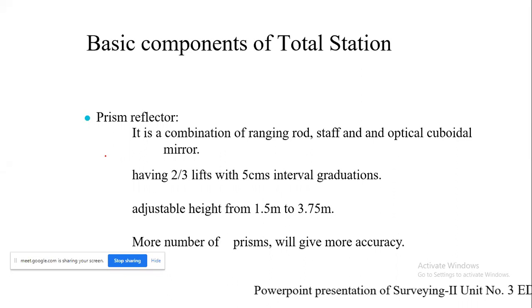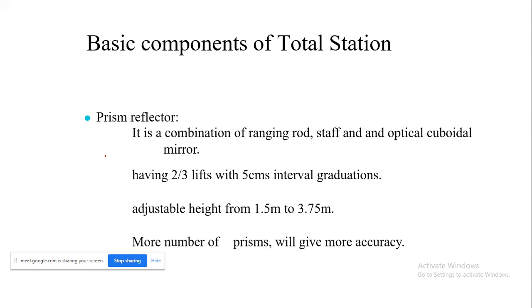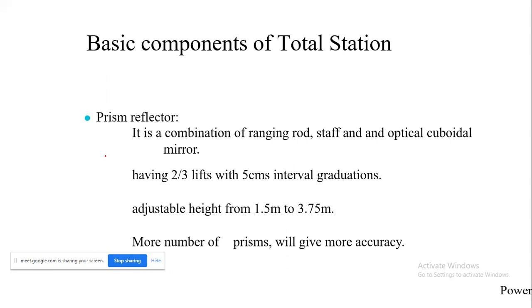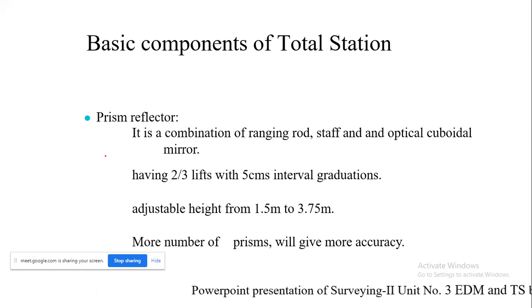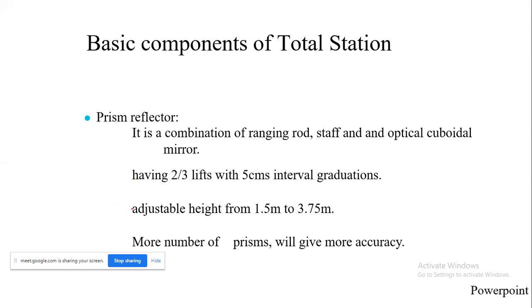According to these graduations, which have an interval of 5 centimeters, you can fix the height of the pole and enter it in the total station, by which you can know the height of the instrument, that is the HI. The height of this prism reflector is adjustable from 1.5 meter to 3.75 meter.